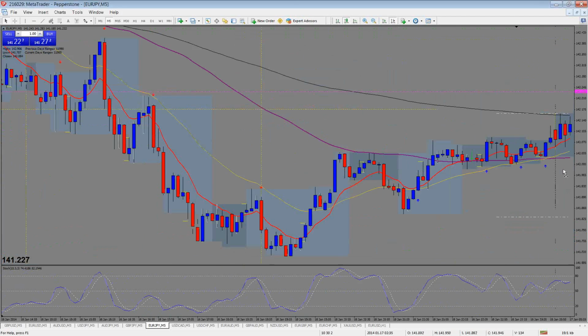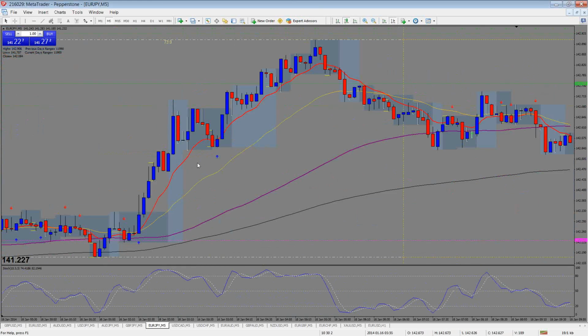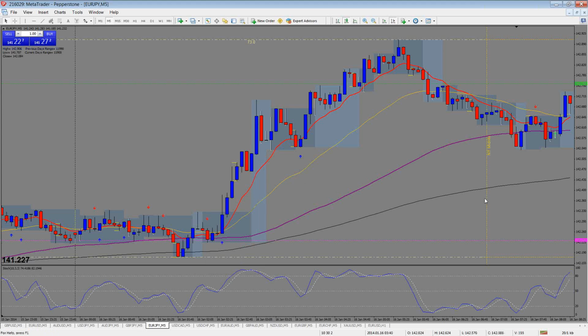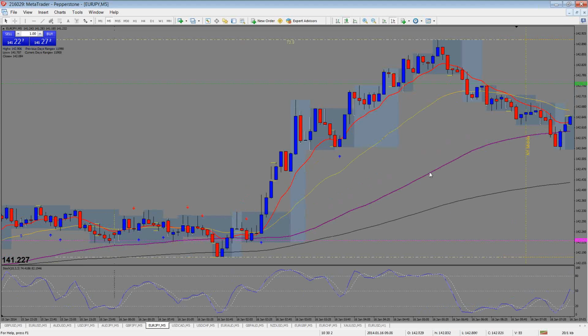Now, we normally only trade from a little after London open, so preferably after Tokyo close till around lunchtime New York, which is London close.